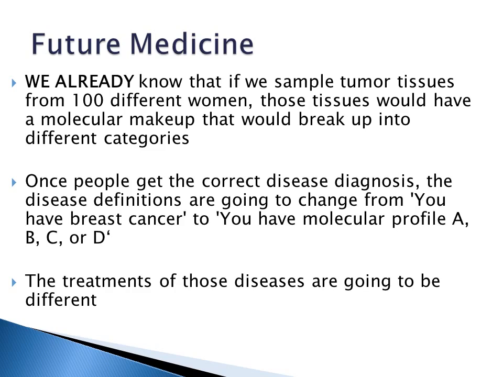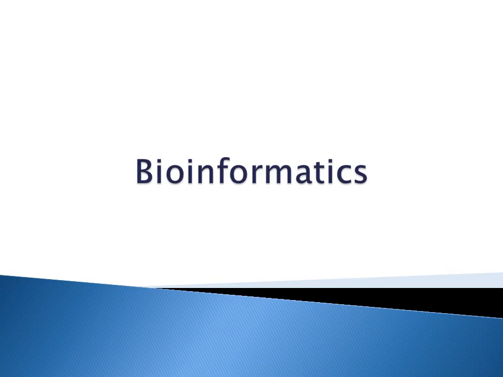So once we get people with the right disease diagnosis, the disease definition will change from you have breast cancer to you have a cancer in the breast with the molecular profile A, B, C, or D. And the treatments of these diseases are going to be different. And that leads us into bioinformatics.